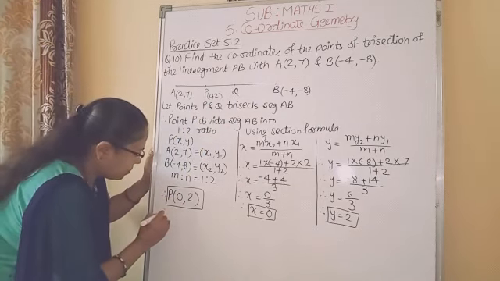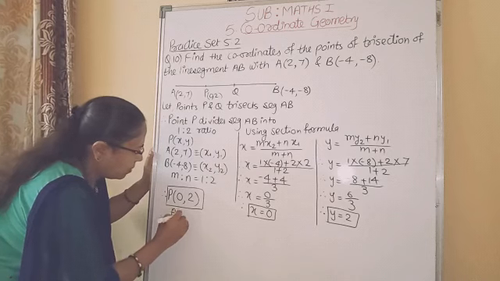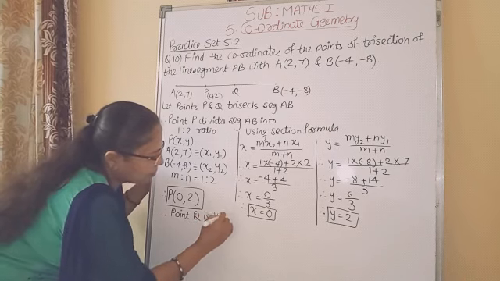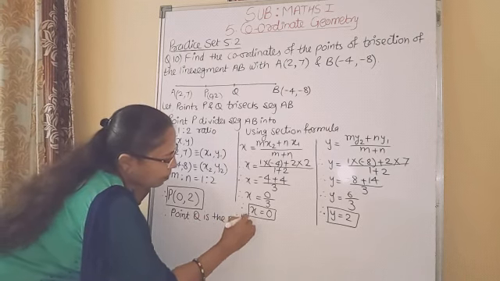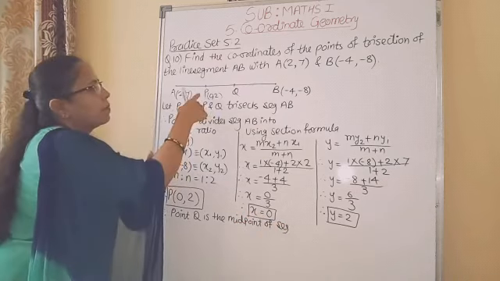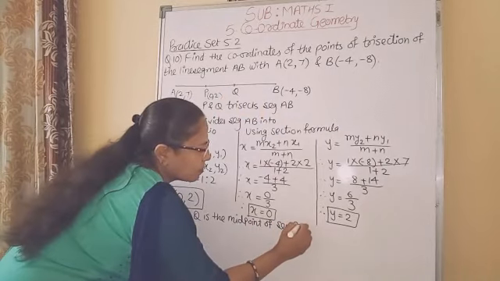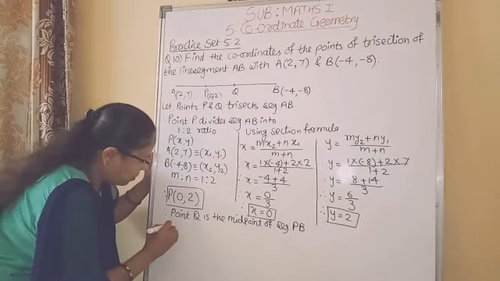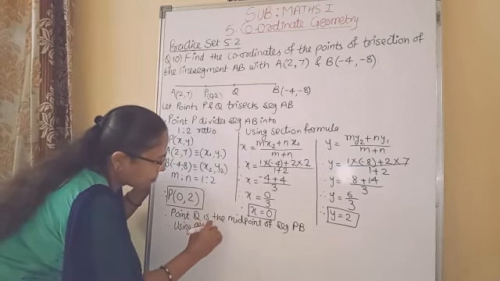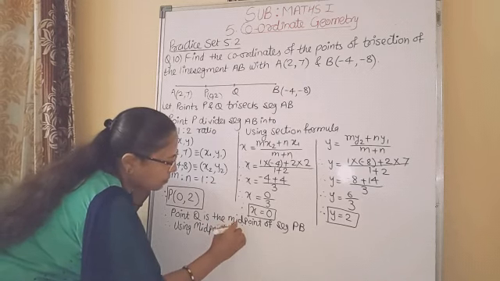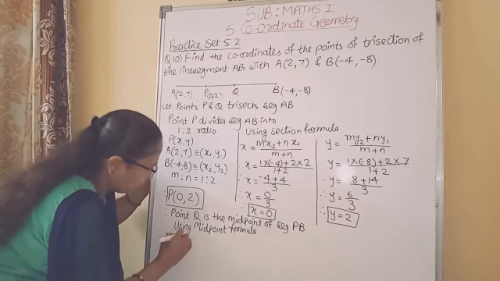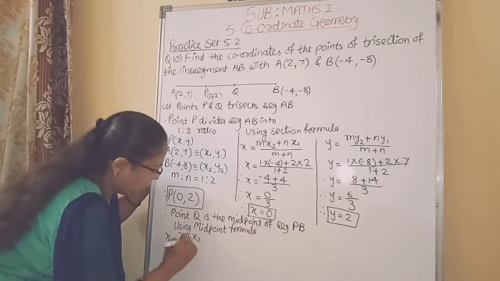Here we will write: point Q is the midpoint of segment PB. Therefore, using the midpoint formula, x is equal to (x1 plus x2) upon 2.